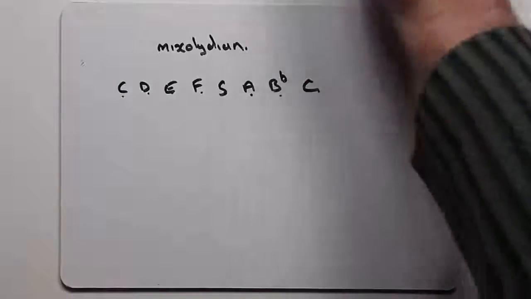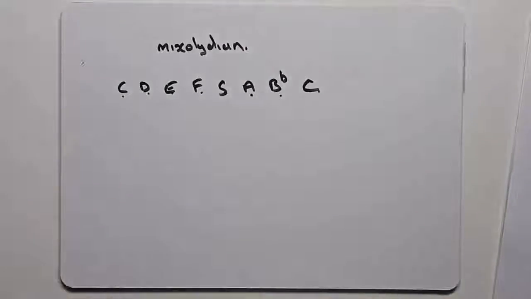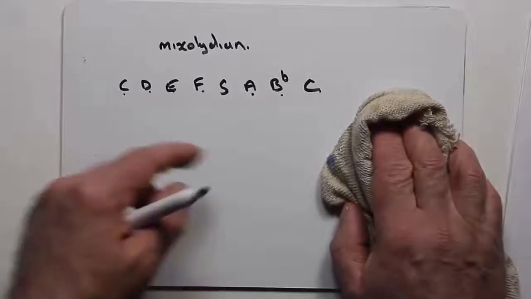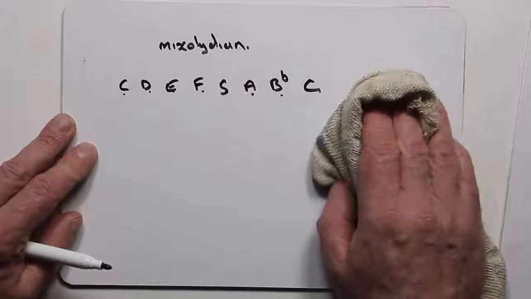Okay, so that's the only difference. You don't have to really write these down if you don't want to. I'm just giving them to you in case you want them, because we don't get that much modal stuff in bebop.